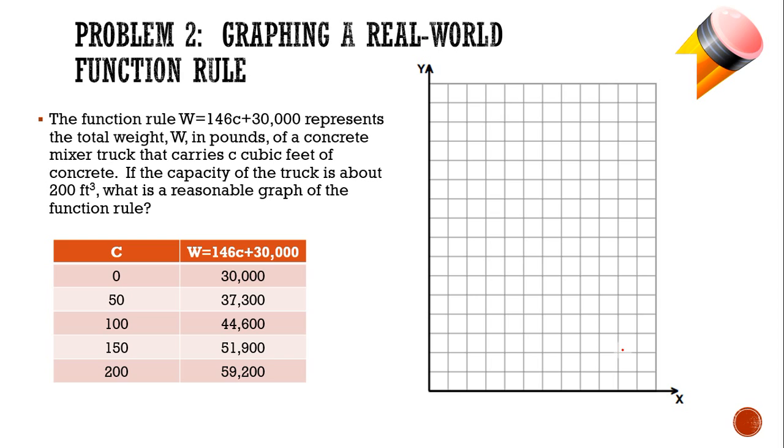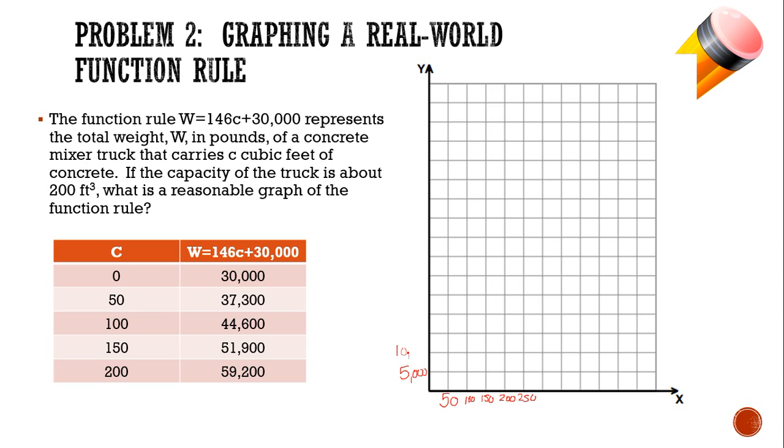So now I'm going to graph this. It looks like I can go by 50s this way: 50, 100, 150, 200, 250. Now I need to get really big numbers, so I'm going to go by 5,000.